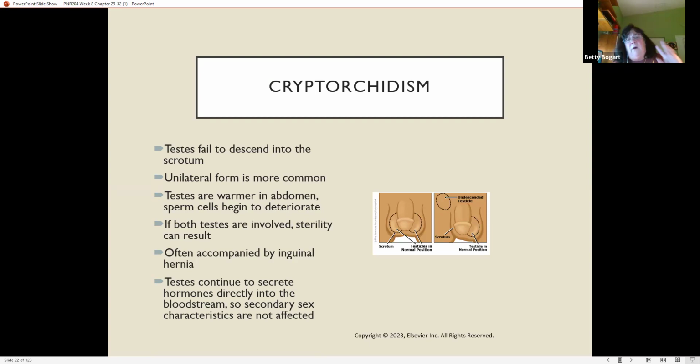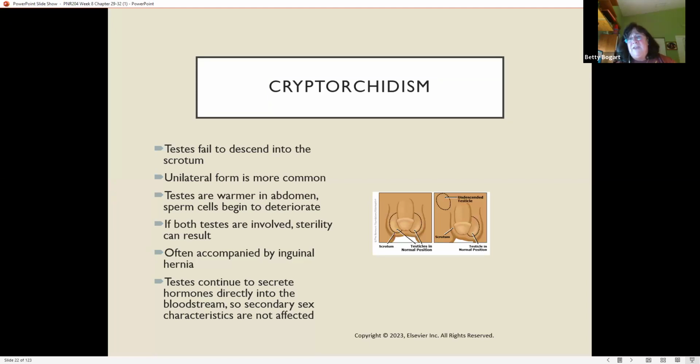Sometimes you have one or two that are up. If we leave them there, the inside of the abdomen's too hot, so they'll become sterile. So it's important that we do correct this, when we're supposed to. Sometimes you see a hernia with this one, and a lot of problems.